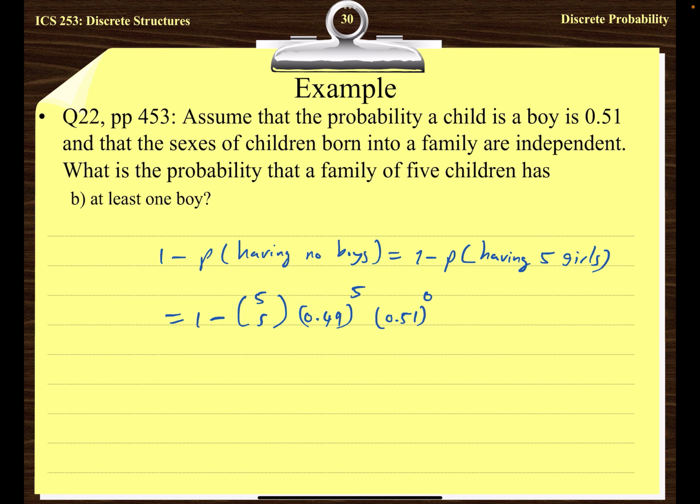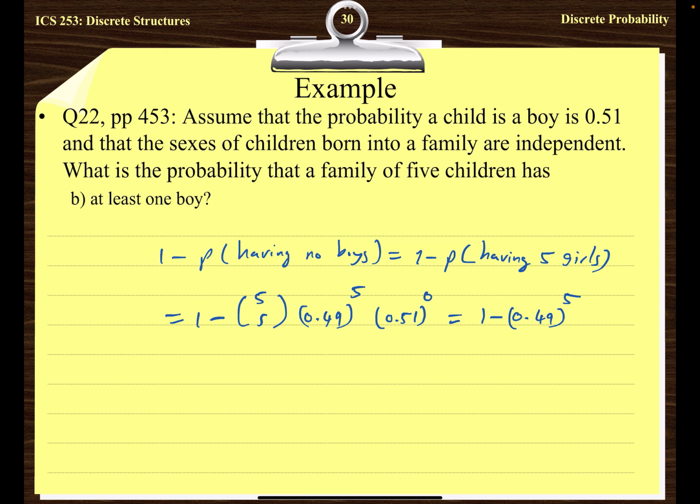Note that 5 choose 5 is equal to 1, and 0.51 to the power 0 is equal to 1. So this is nothing but 1 minus 0.49 to the power 5. This is nothing but 1 minus 0.49 to the power 5.